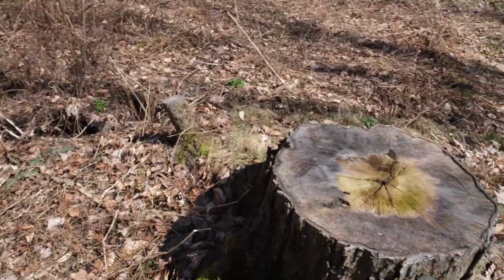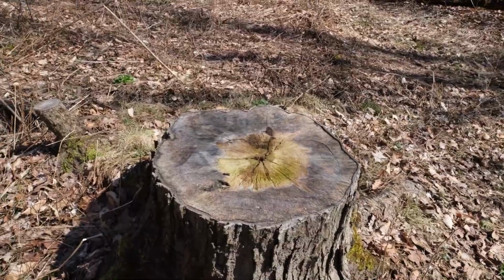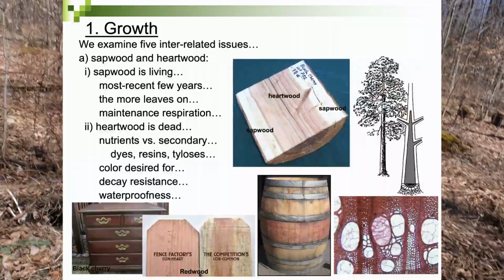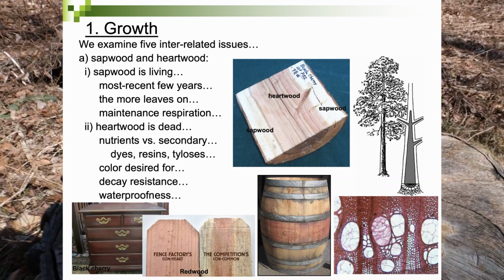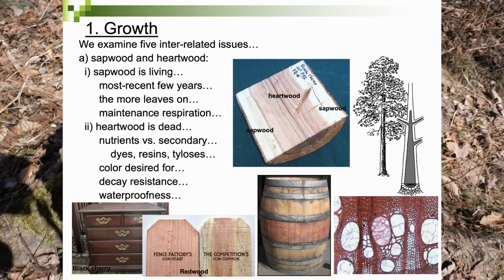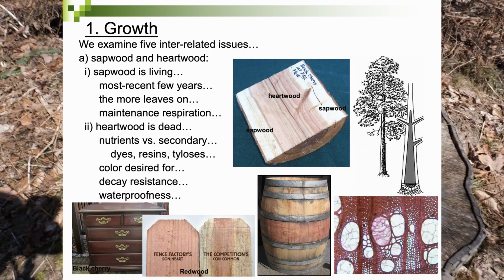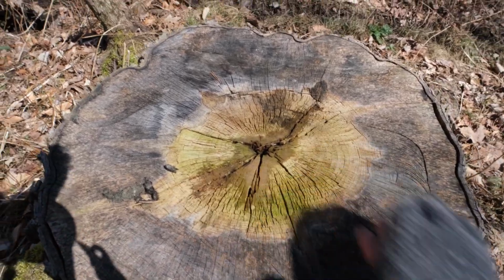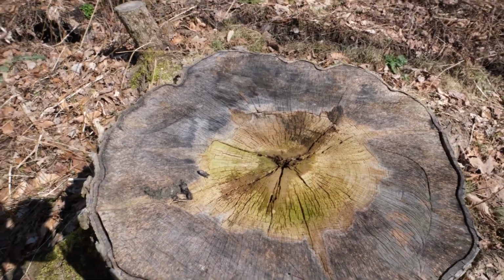These are two terms that we should know. The heartwood, as its name suggests, is the older inner part of the tree. And this tissue, obviously all the tissue now is dead, but even while this tree was alive, this heartwood here is made up of dead tissue.